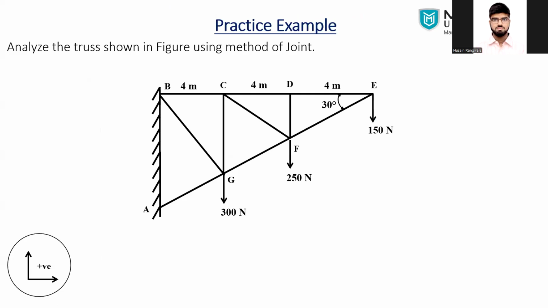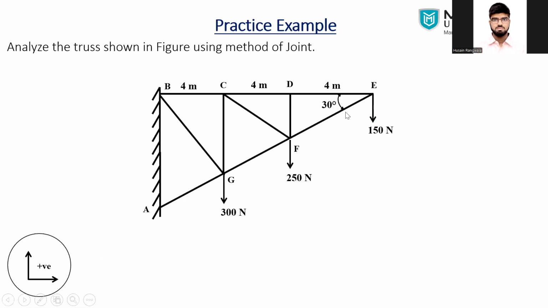This is an example in which the geometry is as shown in the figure. There are a total of seven joints, and at three joints, G, F, and E, three point loads are acting: 300 Newton, 250 Newton, and 150 Newton.